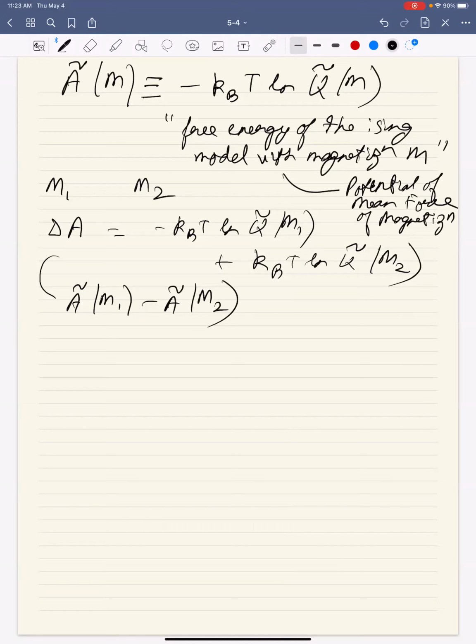And physically, what does it mean? It is just the free energy difference, right? So what is the meaning of free energy difference in thermodynamics? Anyone remember the second law of thermodynamics when we did it? What does it say about work done relative to free energy difference? Which one is higher?